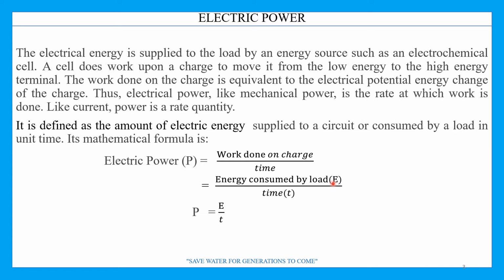I am sure you must have understood: electric work done on electric charge. Charge here means the flow of electrons, and how much electric energy is being consumed. Now we are going to find different formulae.